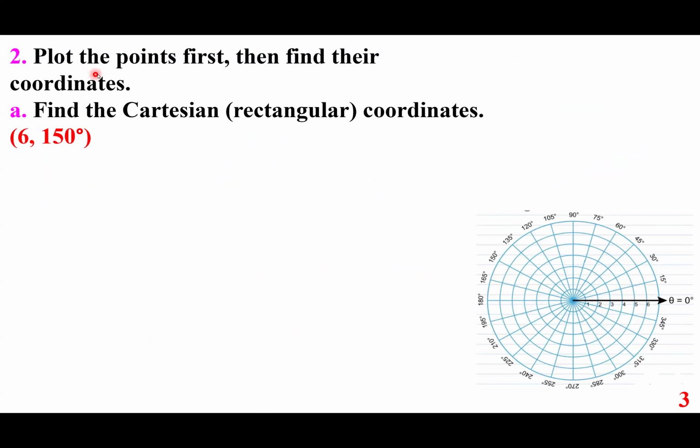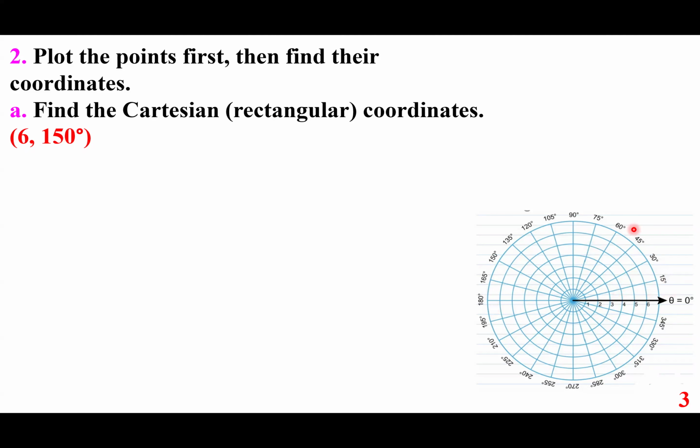Plot the points first, then find their coordinates. In this case, the Cartesian or rectangular coordinates are requested, and we are given the polar coordinate 6 comma 150 degrees. So we start from here and go 150 degrees.